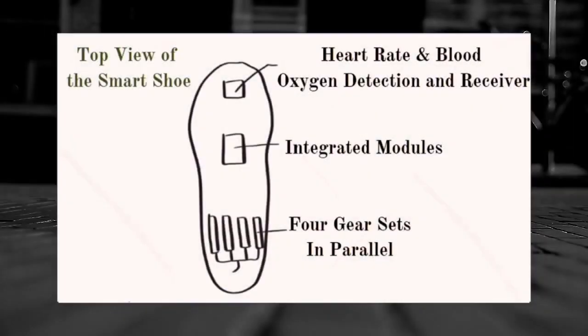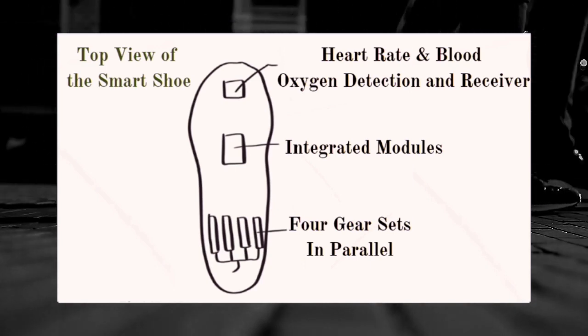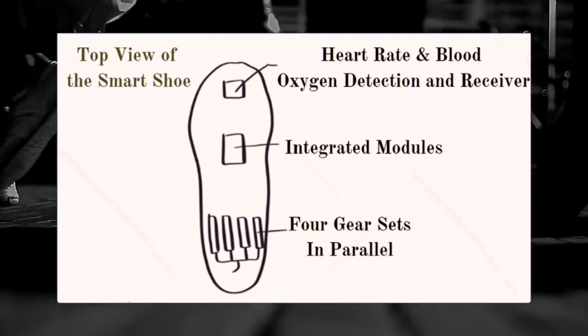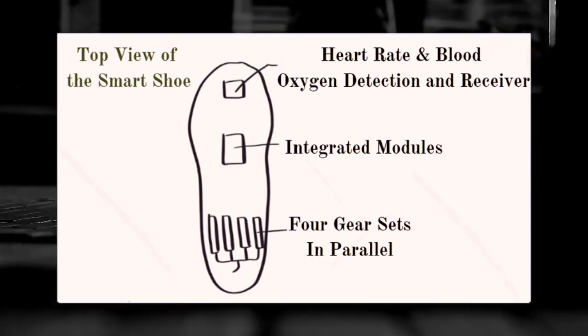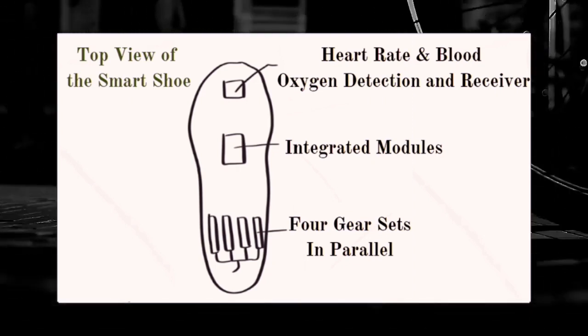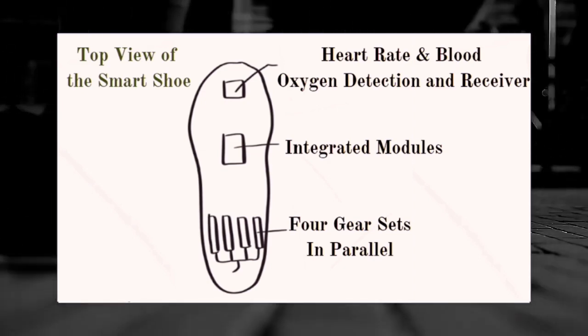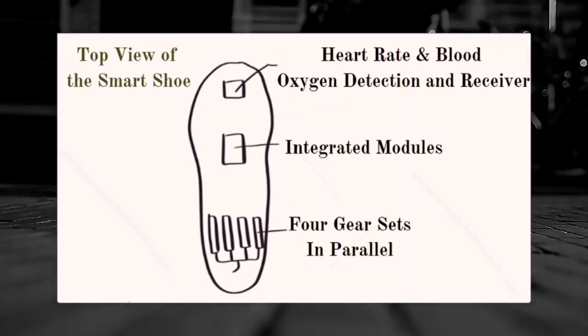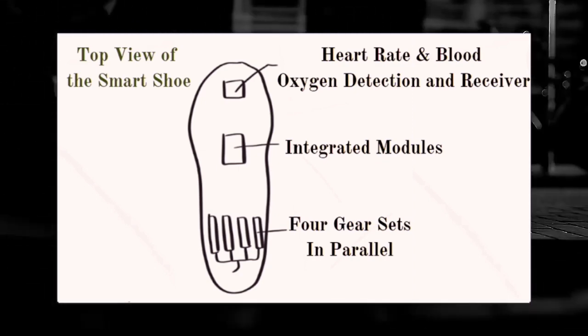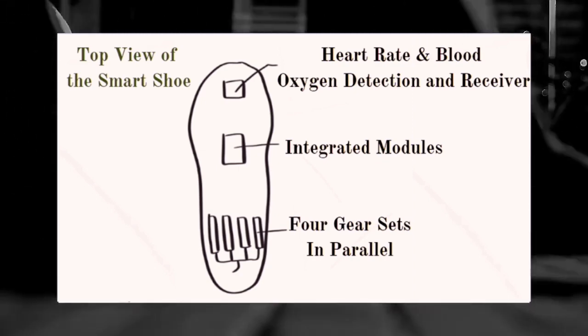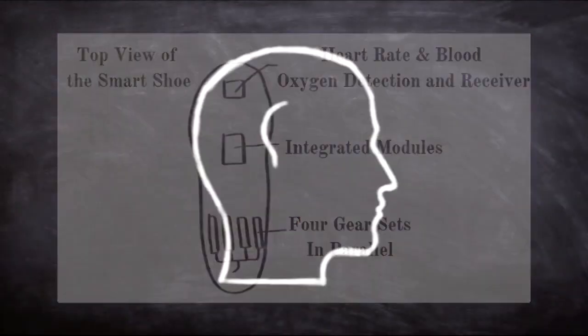From this bottom-side-up point of view, which includes the parallel 4-gear sets, it shows that by using the shoe's own movement and momentum to generate energy, the shoe does not need to be charged. It also makes it safer by decreasing the chances of failure, like overheating, which can be dangerous to the user, by not letting a large voltage of electricity flow through each part continuously.